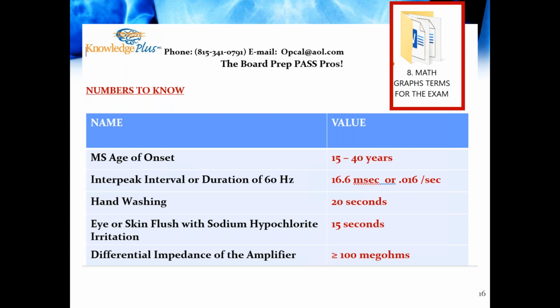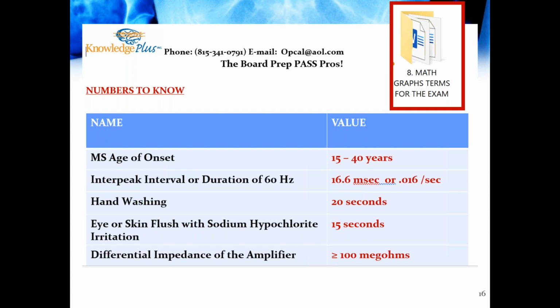Now, with any numeric question, it's critical to memorize not just the number, but also the unit. They might have, for this question, mega ohms, microvolts, milliamps, megawatts, but the number 100. So as you're memorizing your numeric values, pay special attention to the unit.